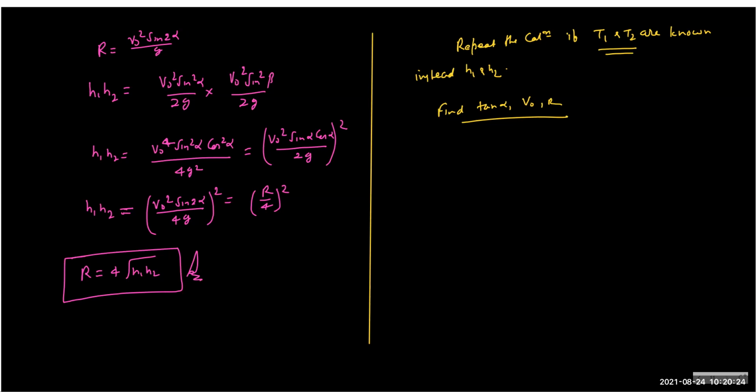Pardon? R equals T1 T2 by 4. No, that's not right. Sorry, sir, T1 T2 by 2 it is. No, that's not right.